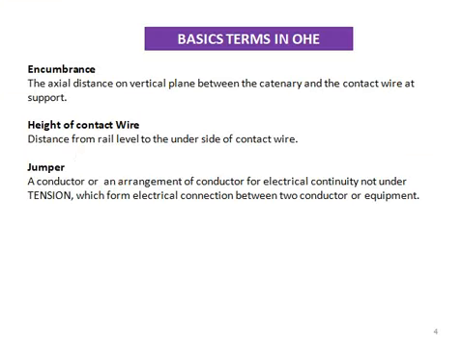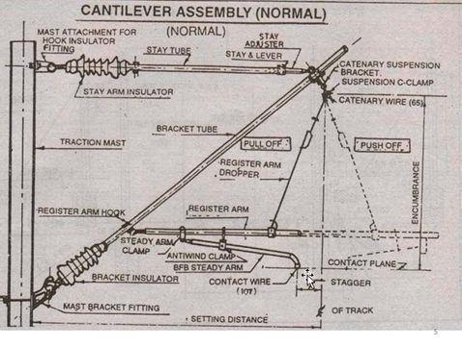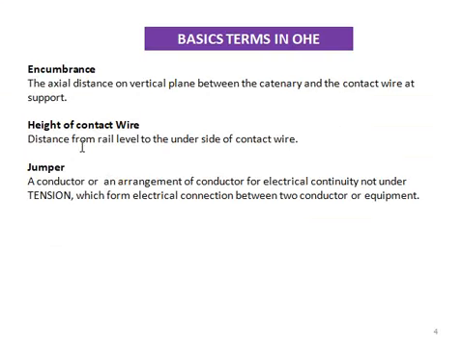Now the other term is contact wire height. This is also a vertical distance, measured from the contact wire to the rail level. This is the height of the contact wire from the top of rail. Normally this contact wire height is in the range of 5.5 meter to 5.8 meter.